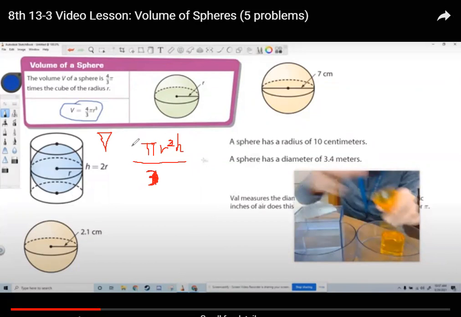So we will write here 2πr squared times height over 3. Now, we can note that the height of the sphere represents 2r.